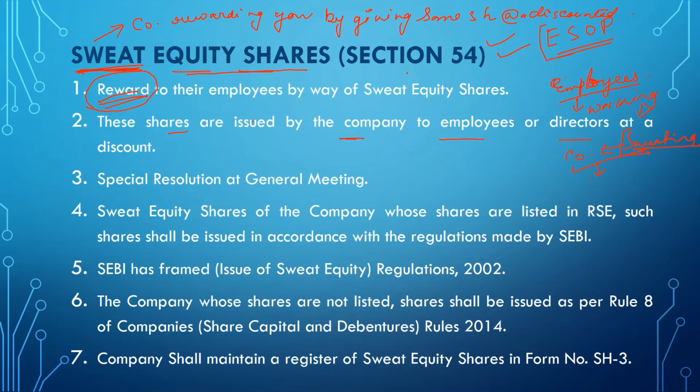In the previous slide we read that a company cannot issue shares at a discount to the shareholders, the stranger, the public, but they can issue shares at a discount only to the employees or their directors, because they are their own people. And why will they give this? In the form of reward, because they worked and they are sweating only for that company.